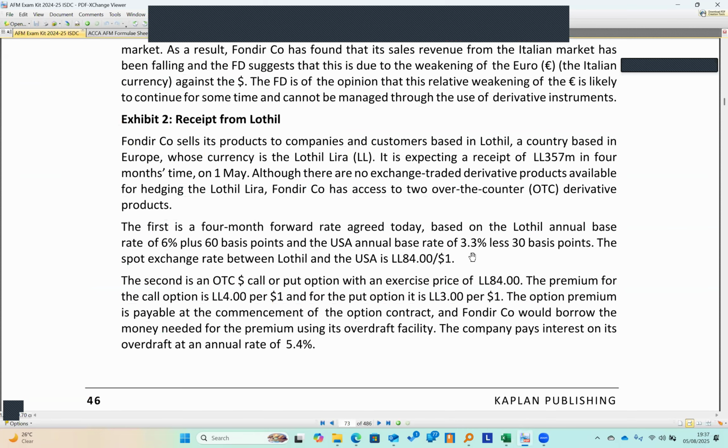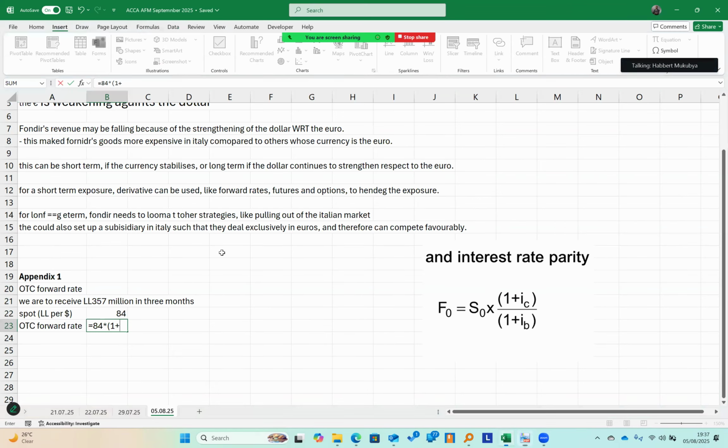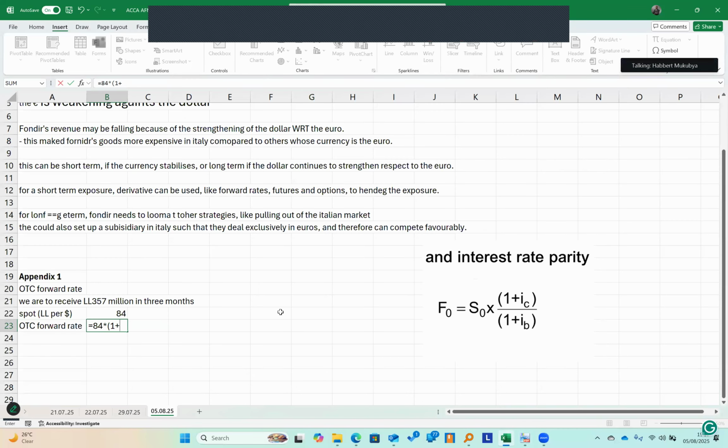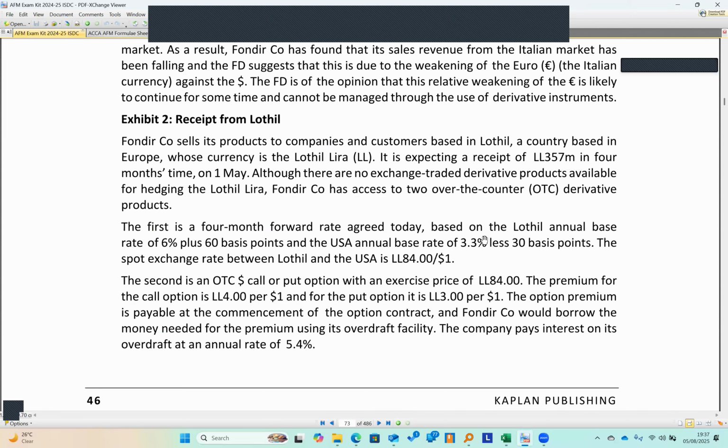And the interest rate there was 6% plus 60 basis points, which becomes 6.6%, divided by 1 plus, this one is 3.3 minus 30 basis points, which is just 3%.